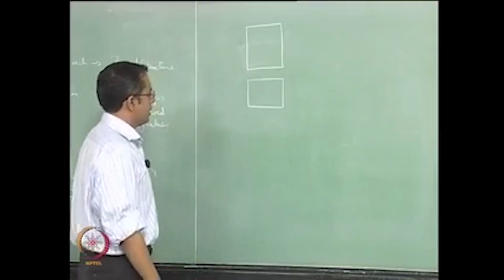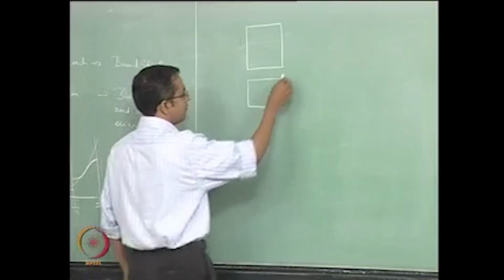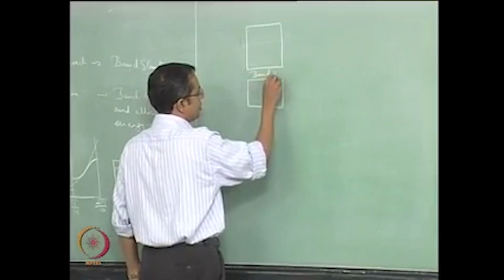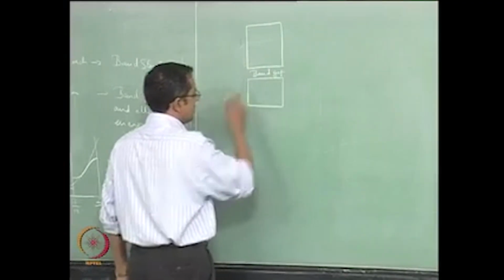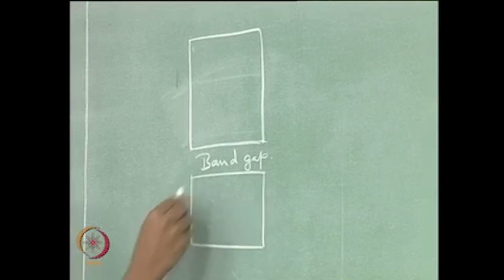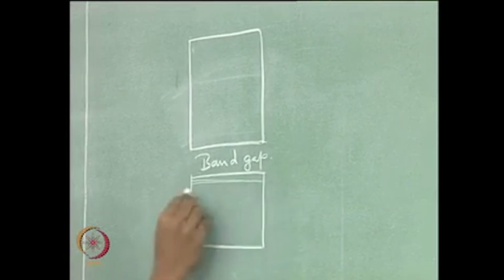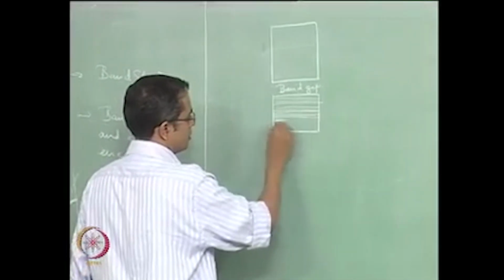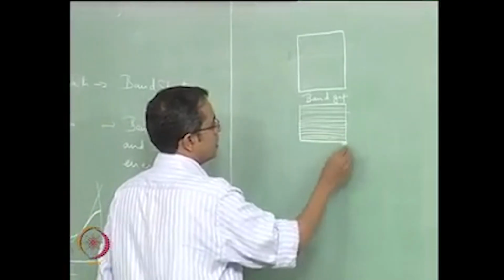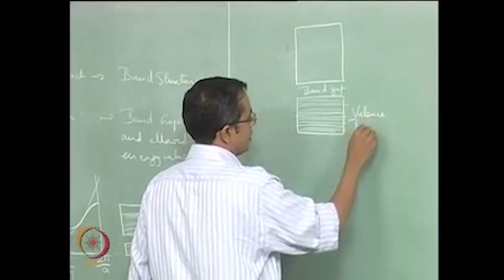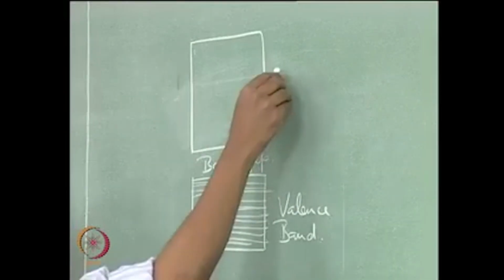then we have the following situation: we have something in the middle which is the band gap. These are the energy values that are not allowed. If it is the last occupied, fully occupied band, this is called the valence band. So this would be the valence band, and this empty band here would be the conduction band.